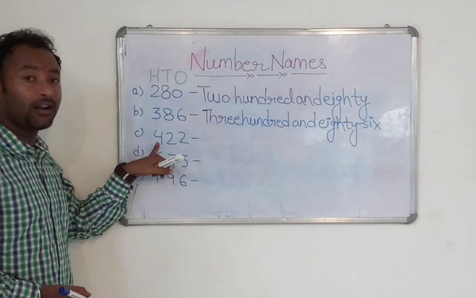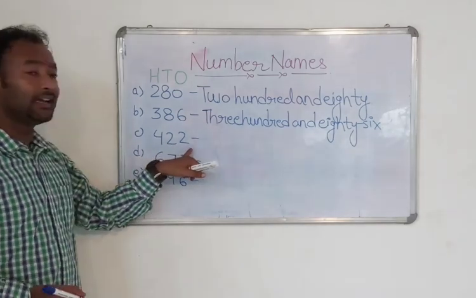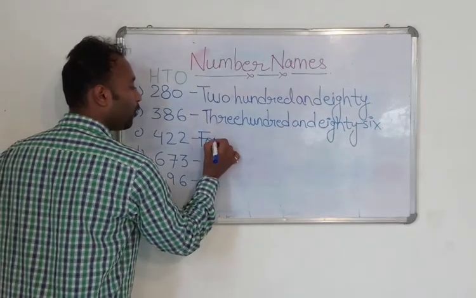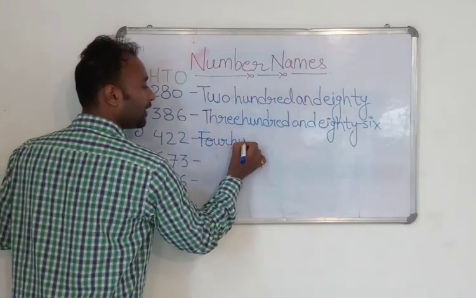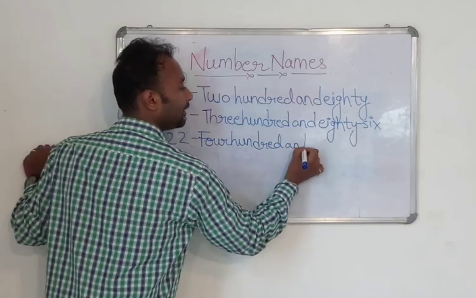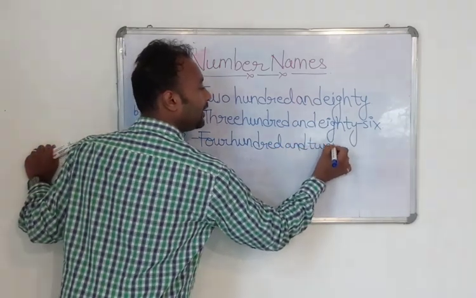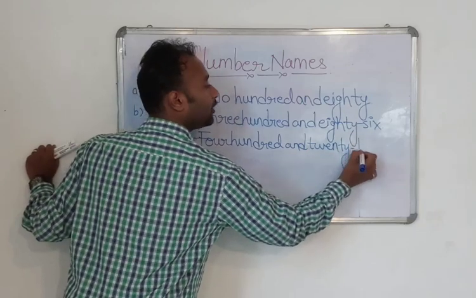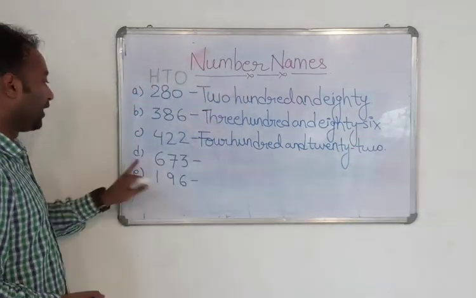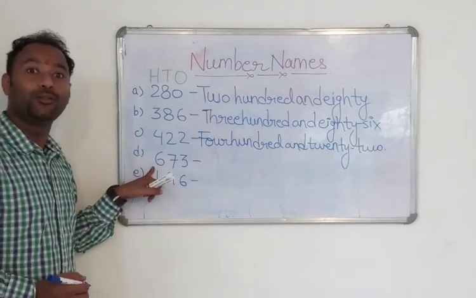This is 422. Understood? So how will you write? You will write here 422. Is it clear, students? Very good. So now let's come to the fourth part.